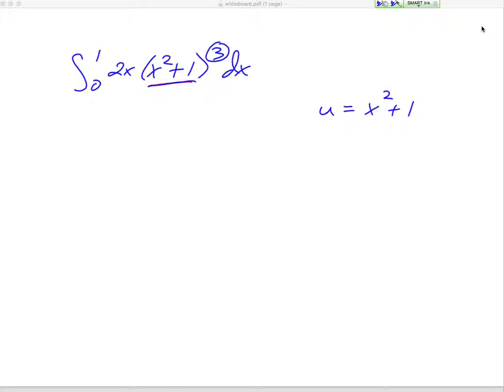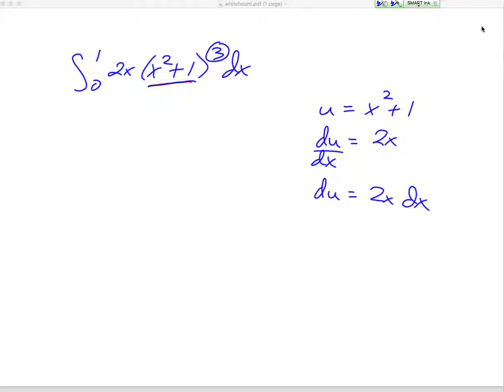So whenever I set u equal to the inside function, I need to take the derivative of it. Let me show you how I got to that. If I take the derivative of this, technically that left side should be du dx, right? But then we automatically send it over there, and you'll see why in just a second.